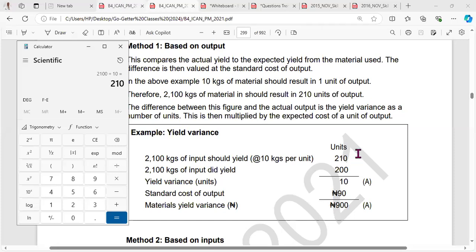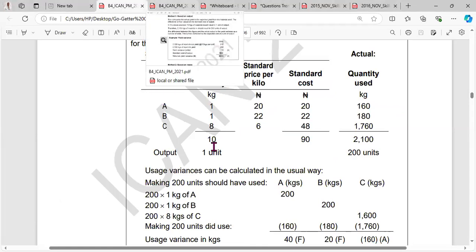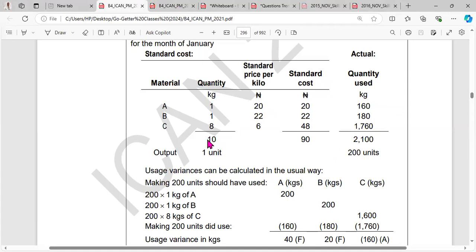But how many units did we do? We did 200 units. So this is what we are expecting. If we are taking 10 kilogram for 1 unit, and we have 2,100 kilogram that was actually used, in the standard, this should give us 210 units, but you actually got 200 units.